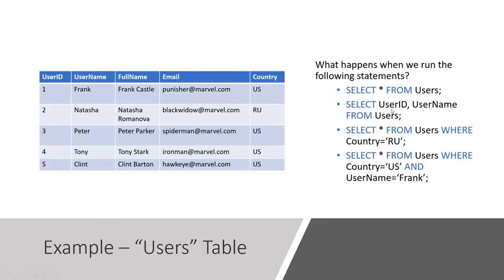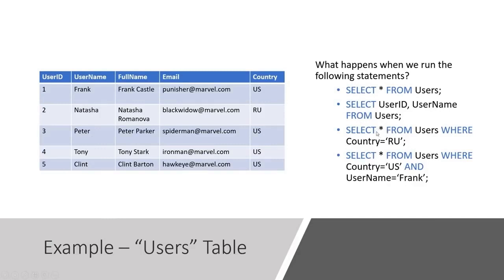Okay, so now let's talk about more specific things. Let's say we wanted to select user ID and username from the users table. All we're going to grab are these 2 columns right here, all the data that's in them, and that's it. Okay, let's add on to these.